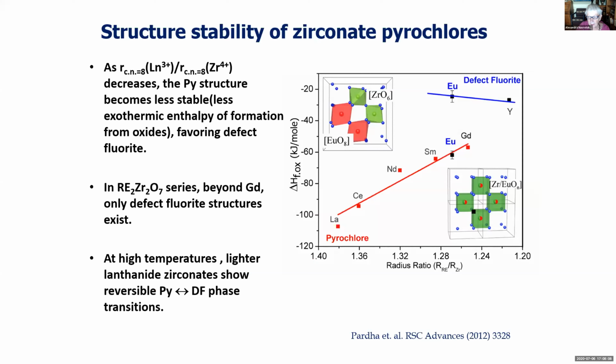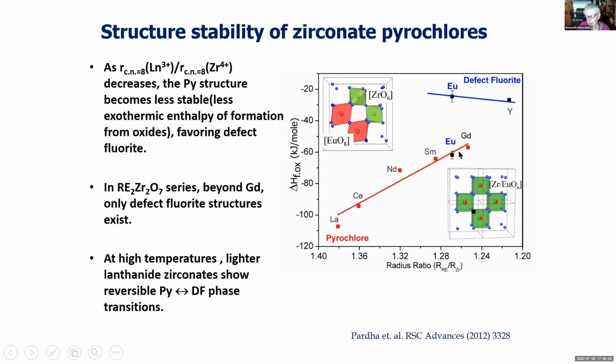So let's look at, for example, the stability of, in this particular case, zirconate pyrochlores. What one sees for a large number of rare earth materials is that if one looks at the enthalpy of formation relative to binary oxides, in general, the larger cations, that is the early rare earths, have a more exothermic heat of formation than the smaller rare earths.